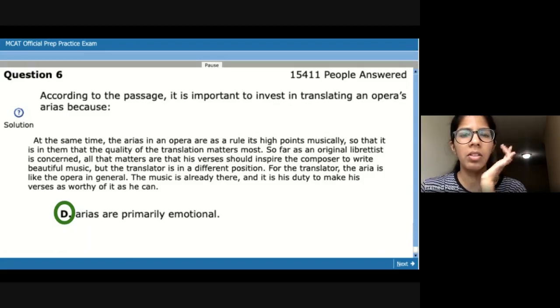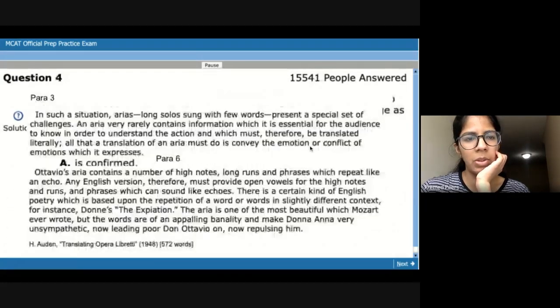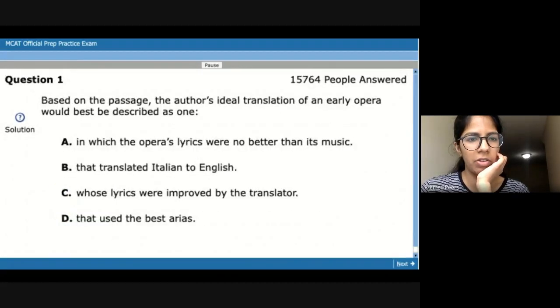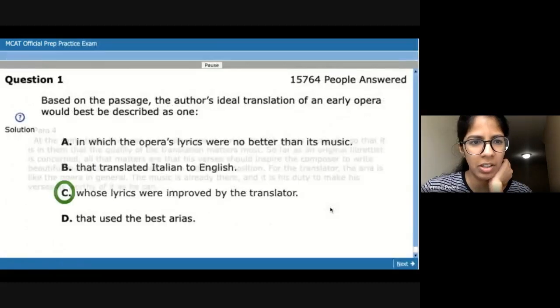So the reason why it's important to invest, like it says, it's his duty to make the verses as worthy of it as can be because they're the high points musically, whereas the one that I was pointing out, paragraph 3, is introducing that because it's saying how arias present a special set of challenges in translation. So you have to look at the purpose of the detail as well. Sorry about that.